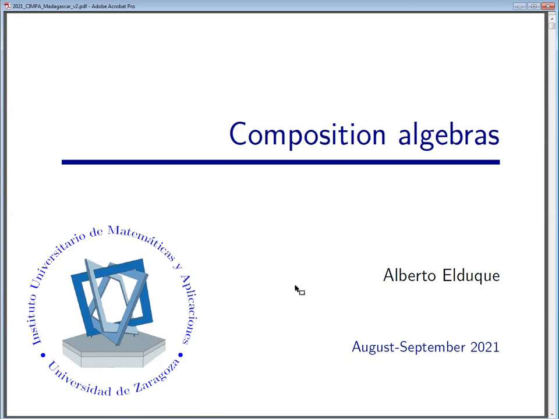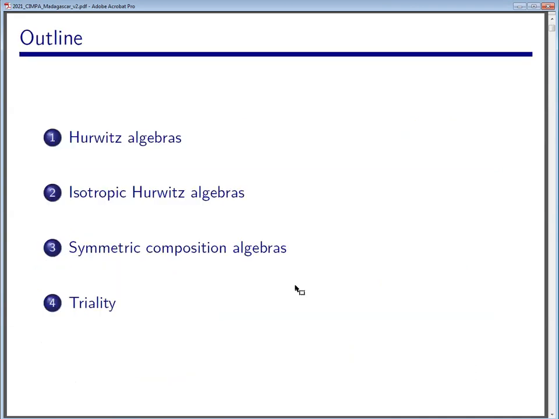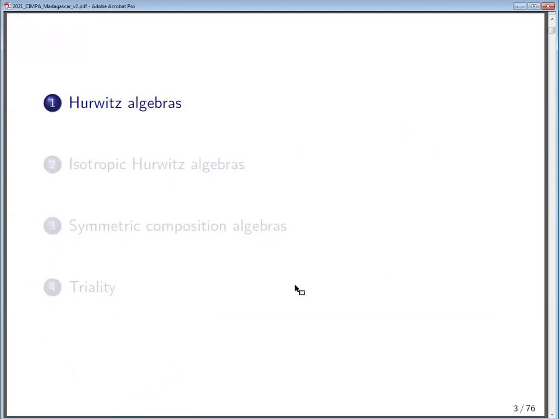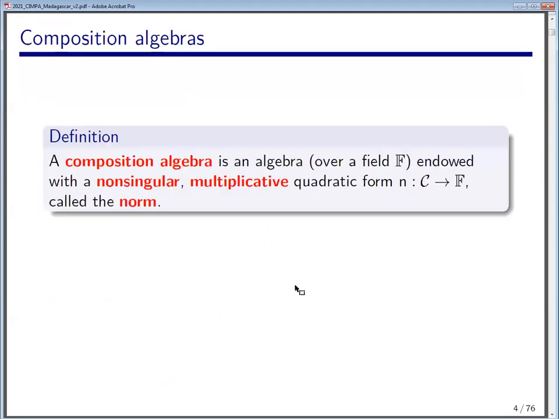So let's review a little bit what we did yesterday. We're talking about composition algebras. So we started with definitions. In the definition, there were some strange words, like non-singular, multiplicative. Well, the non-singularity didn't affect much, in the sense that, remember, a quadratic form is non-singular if the corresponding bilinear form is non-degenerate.